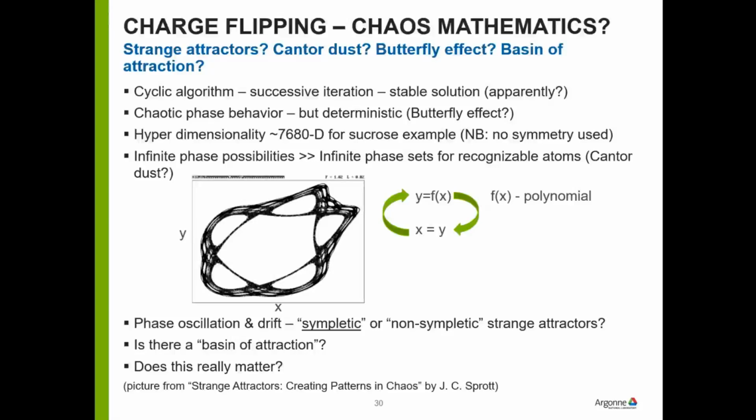First of all, you have a cyclic algorithm, and in successive iteration, it wanders all over the place, and then you suddenly get a stable solution. It is chaotic, but it's deterministic. In other words, if you start with the same set of phases, you will always get to the same charge flipping solution.